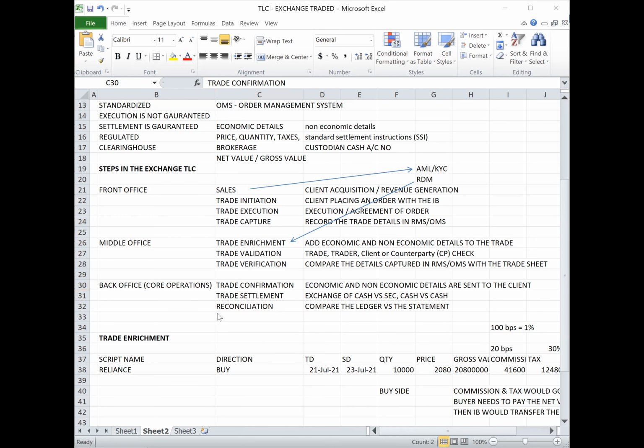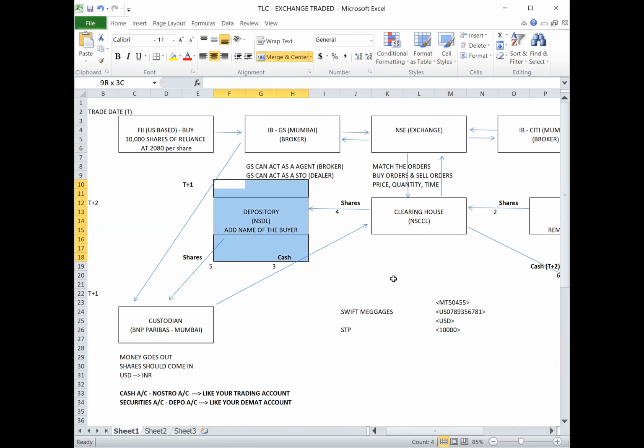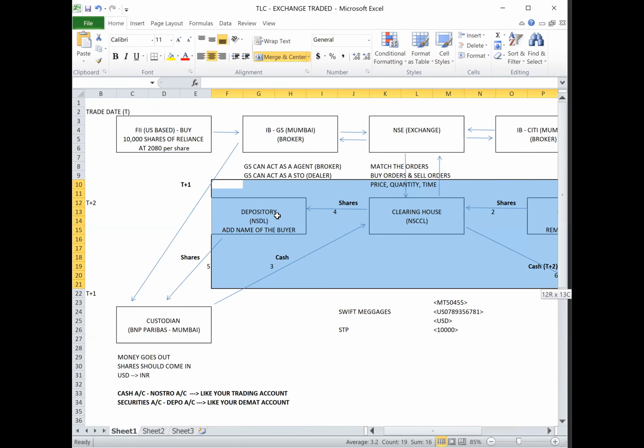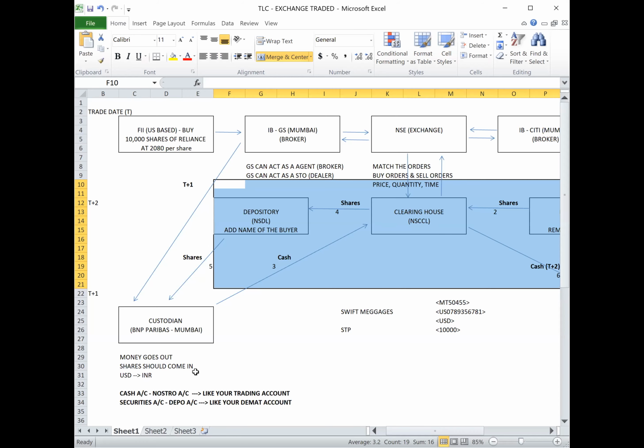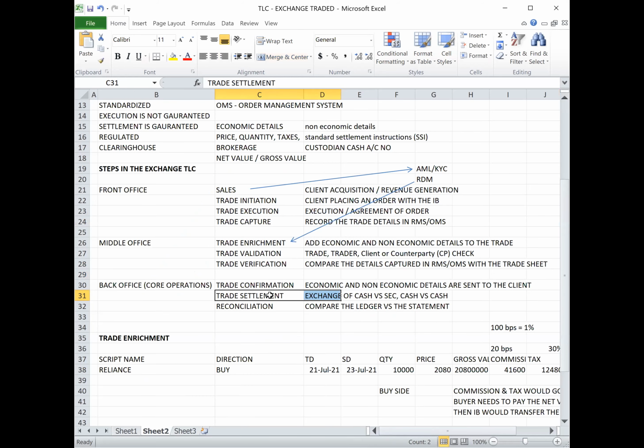Okay. Next will happen trade settlement and reconciliation. So what is trade settlement? Exchange of cash and securities. Whatever arrows you saw moving around of shares and cash on T+2, all that is trade settlement.